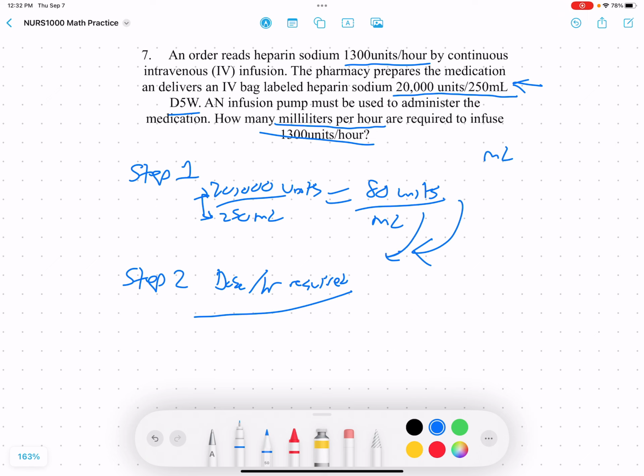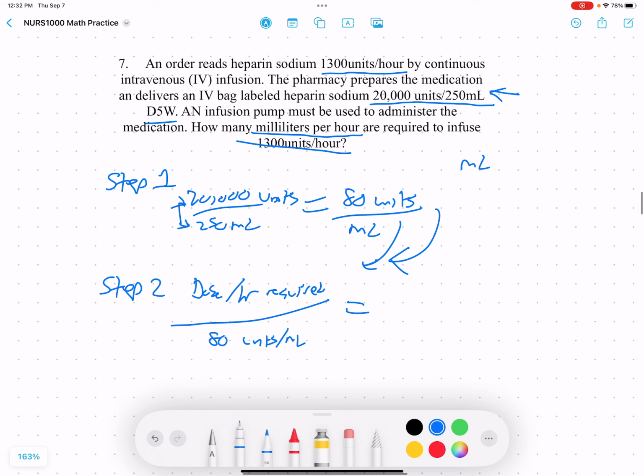That's right here. So we're going to go ahead and do the 1,300. That's our dose per hour required. We know that we are looking for units of 80 per ml.